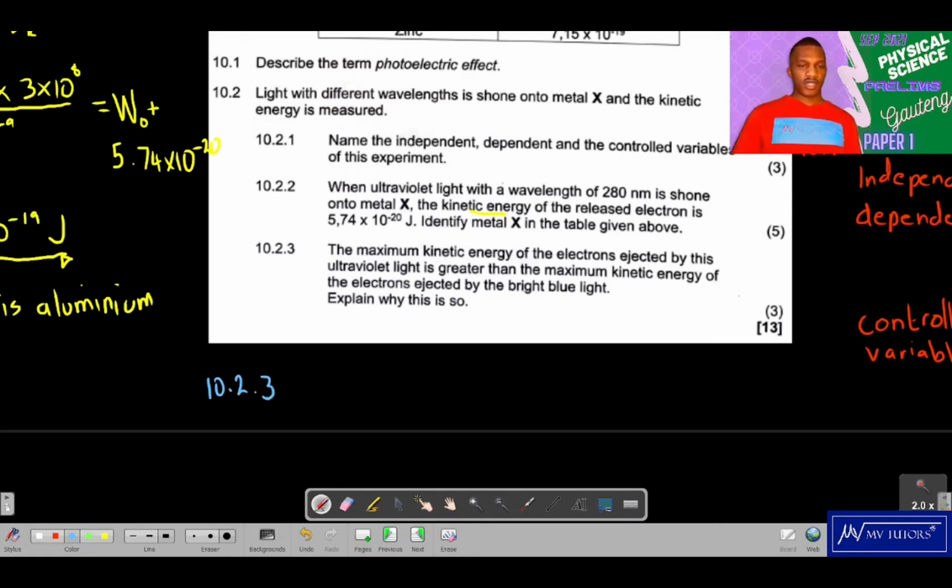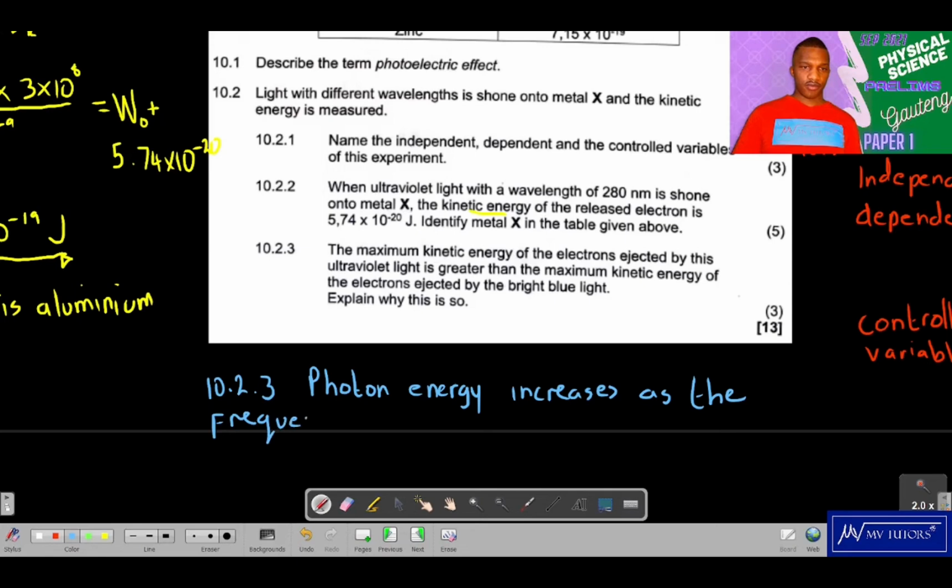Okay, so number one, you need to understand that the photon energy increases as the frequency of the light increases.